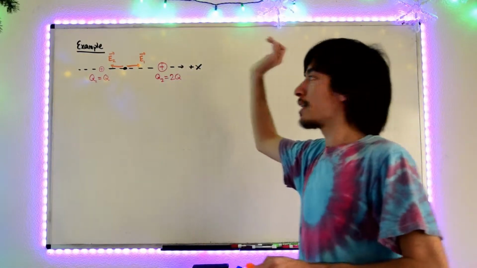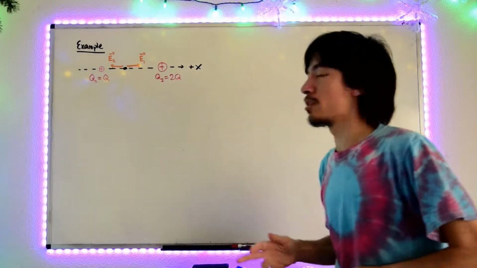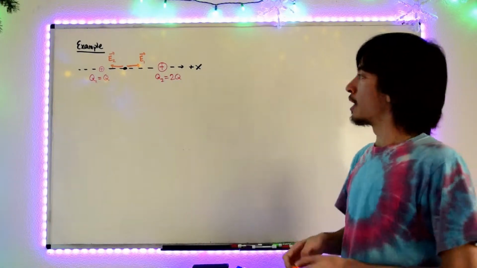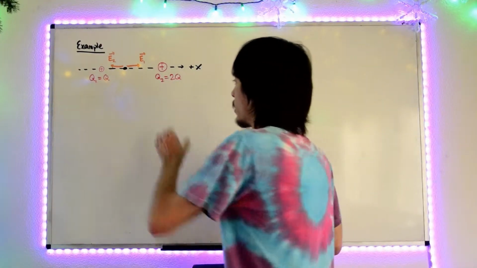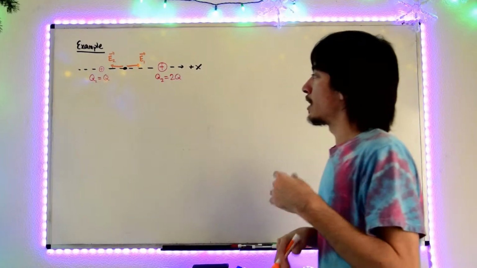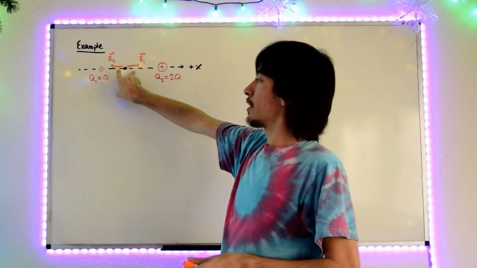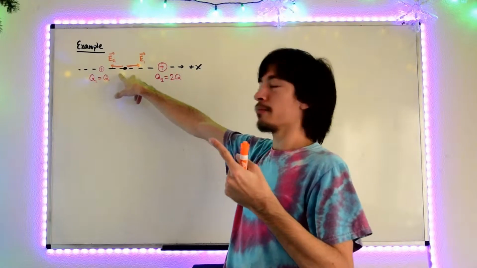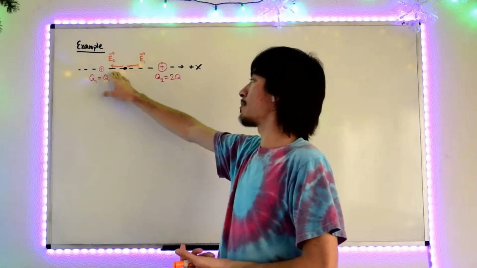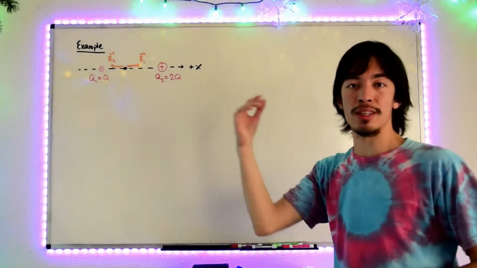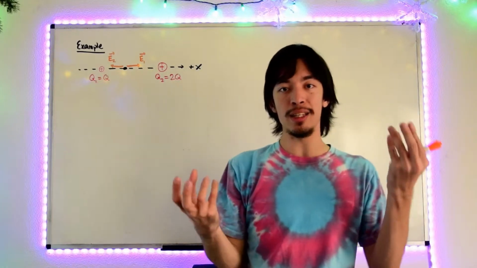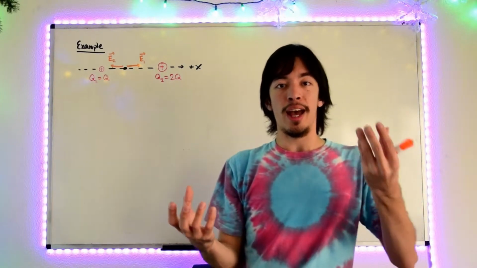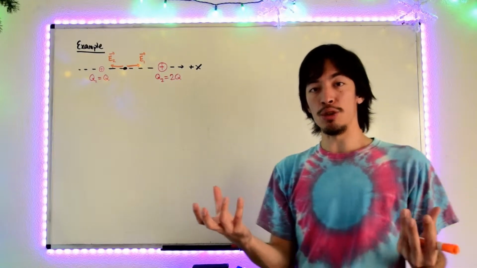The electric fields are pointing in opposite directions and they have a chance to cancel out. In order for these two to cancel out, they need to point in the opposite direction, but they also need to be the same size or magnitude. In other words, the value of E1 needs to be the same size as the value of E2.